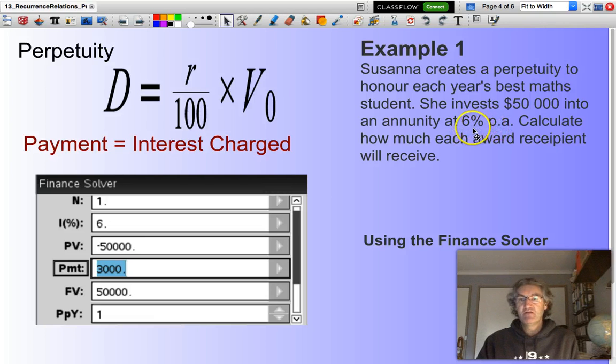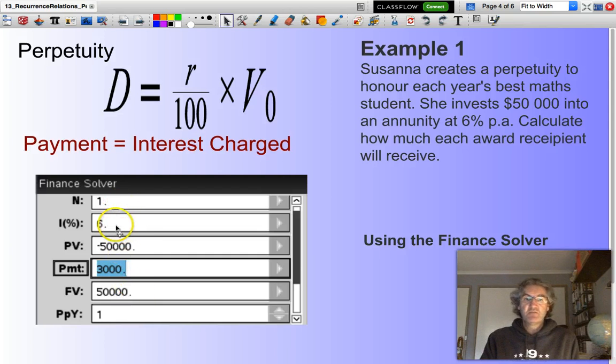There's no compounding here, just 6%, just like simple interest. She's going to invest 50,000, so a negative 50,000, and at the end of the perpetuity, basically in forever, there will be $50,000 left, which she would be able to withdraw.